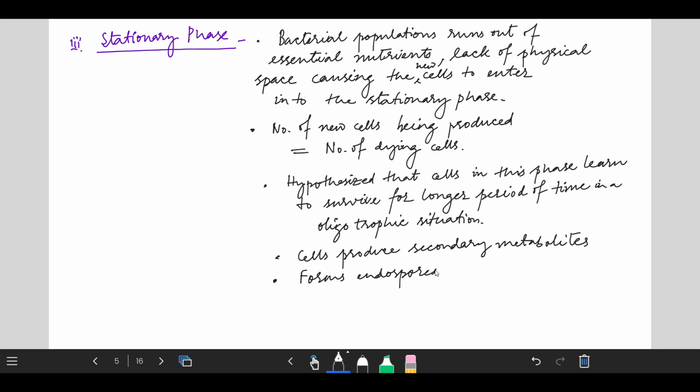And during this phase, the nucleoid condenses and the DNA becomes bound with DNA binding proteins from starved cells, known as DPS, to protect the DNA from damage. So in this phase, DNA protects itself from damage.